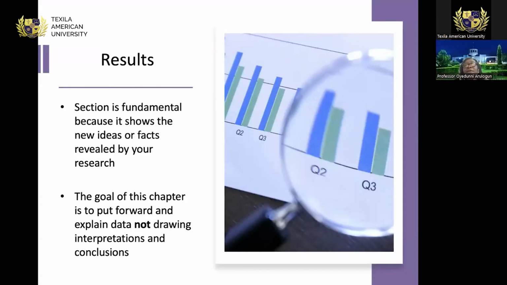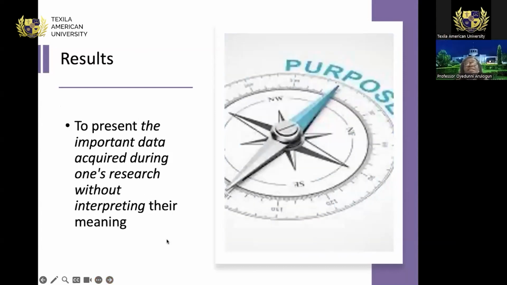The results chapter is just for you to present your data as it is. Just present it without trying to make any inference or any interpretation. And so we need to present the important information that we have without interpreting them. So just present your results as you have it.